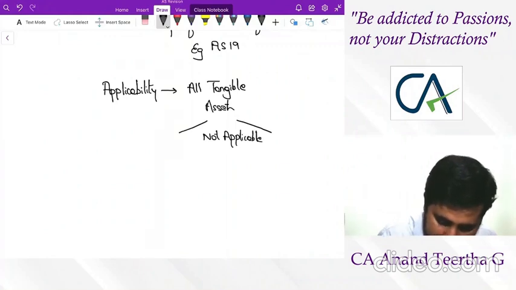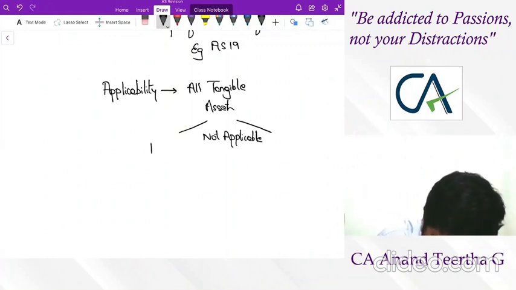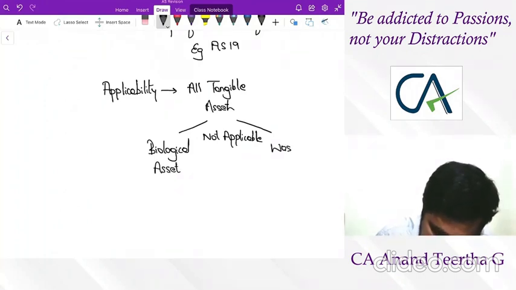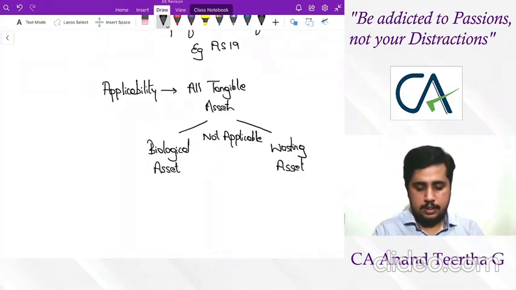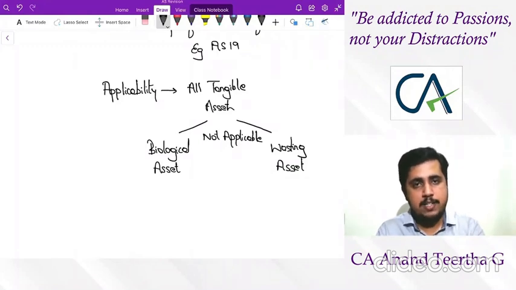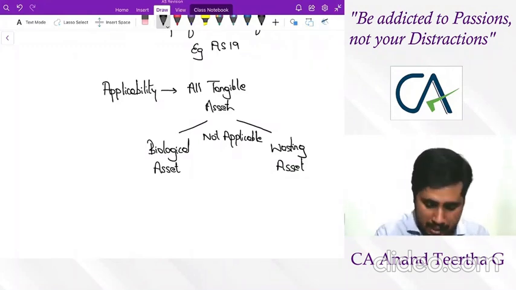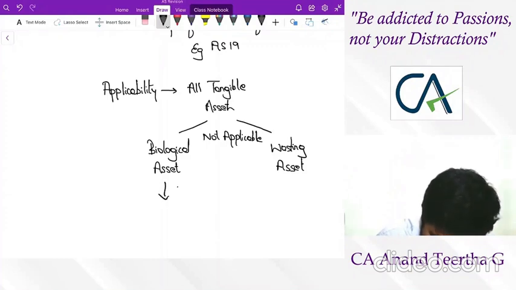It's not applicable for one, biological asset, and second one, wasting asset. But the standard doesn't stop here. It tells all tangible assets, but it does not apply to biological asset except bearer plant.